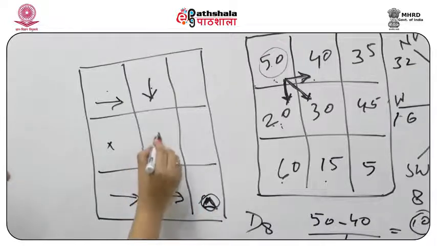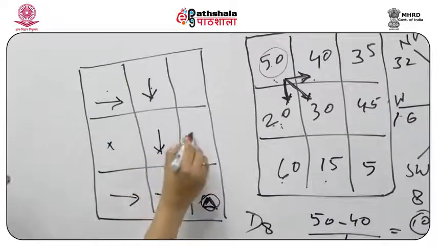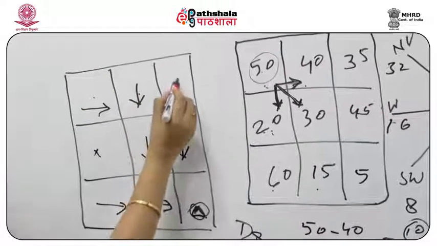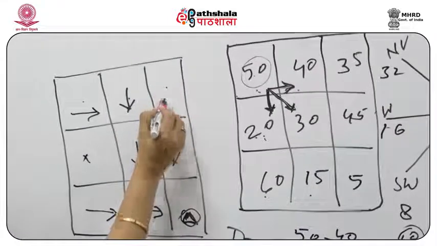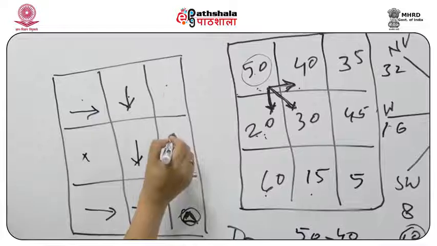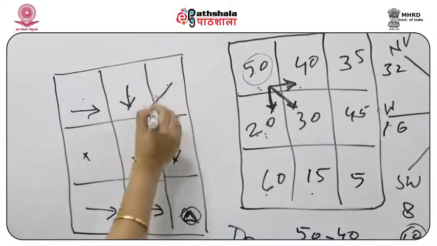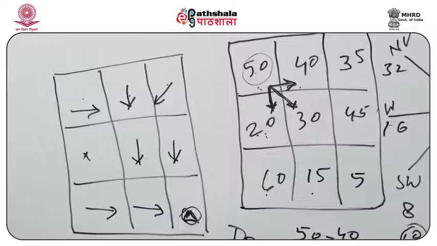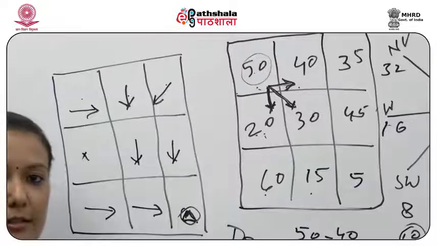For this it's 30, it will be moving here, 45 would be going again here, and 35, since again it's a downstream value, all the values are at higher elevation, but this is 30, so it can move in this direction. So you can see we created an accumulation or the flow direction map here.